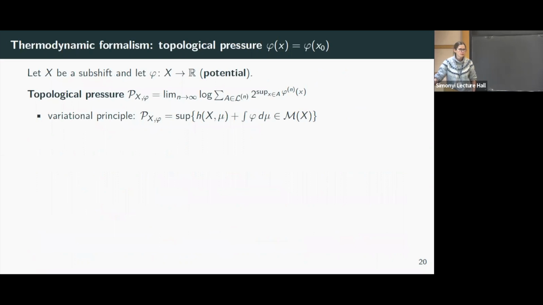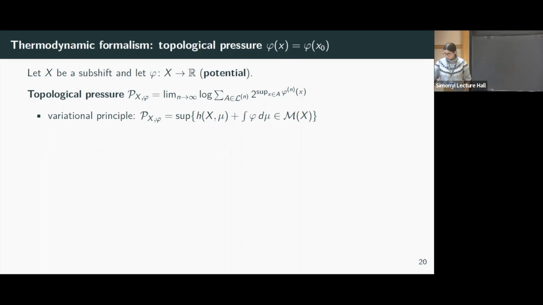Okay, so what about topological pressure? Suppose I have a subshift, and suppose that I have a function from X, let's say real valued. Topological pressure is defined in a similar way to topological entropy, but instead of counting the blocks, I need to take into account the value of my potential along pieces of orbits. And there is also a variational principle similar to the one for topological entropy.